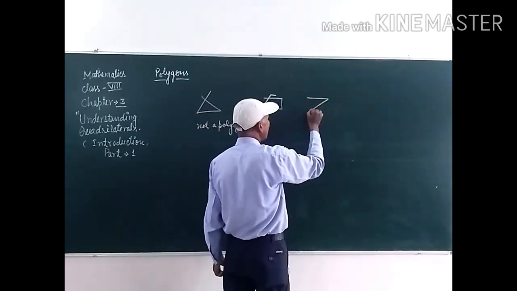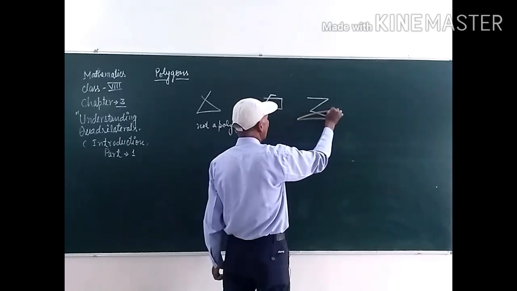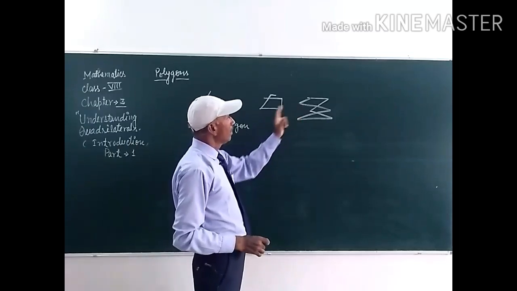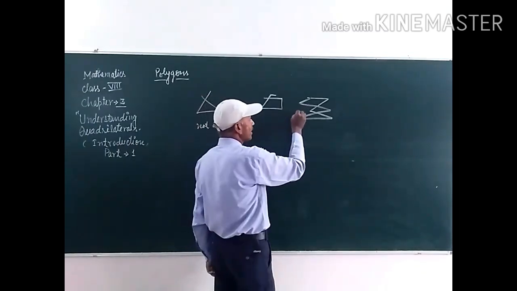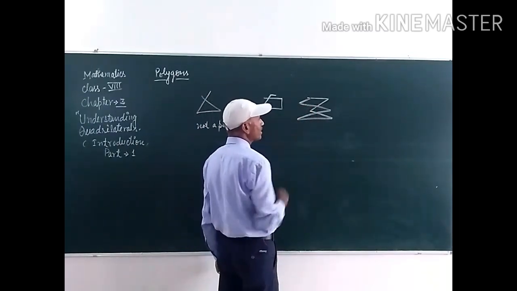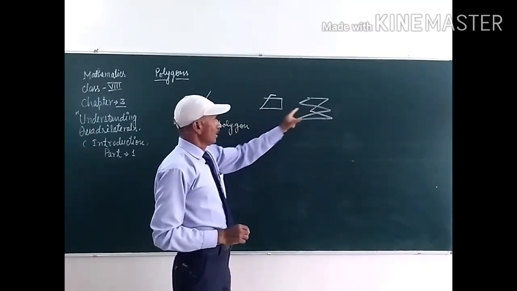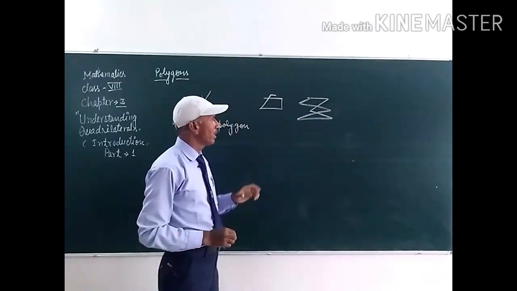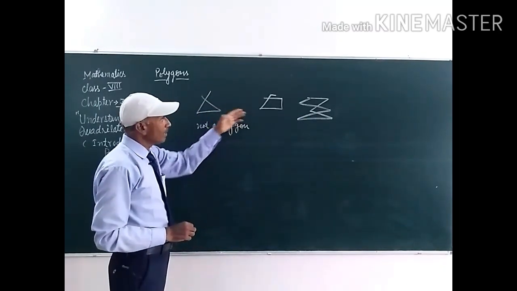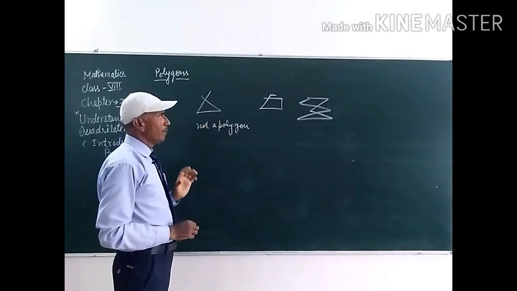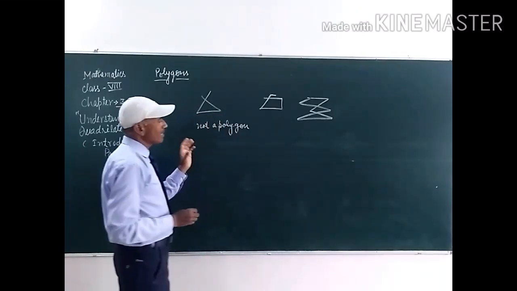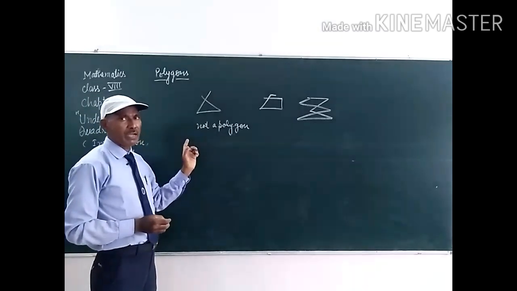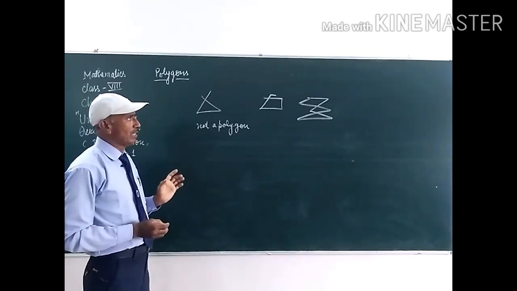And this figure is also not a closed figure, student. On this side it is not closed, therefore it is not a simple closed figure, therefore it is not a polygon. So these figures are not polygons. Clear, students? Polygons are only those figures that are simple closed curves made up of line segments only.